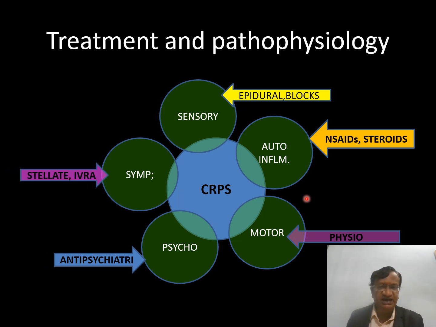You can do antipsychotics and a stellate ganglion block. Just think of it. That is what I am very particular about. There are so many other components. You can give antipsychotics, NSAIDs, physiotherapy along with a stellate ganglion block. Putting in a block, which I know well, is not the answer because the pathophysiology is multiple.